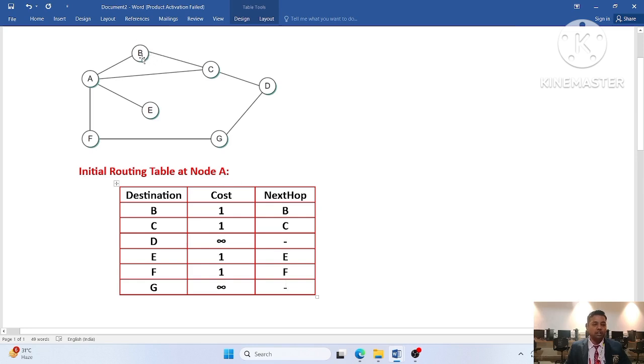In the case of node B, for A and C, which have direct links, the cost will be 1, the next stop router for A is A and for C is C. For the remaining nodes D, E, F and G, it will mark infinity and put a dash. So this is the routing table of B.